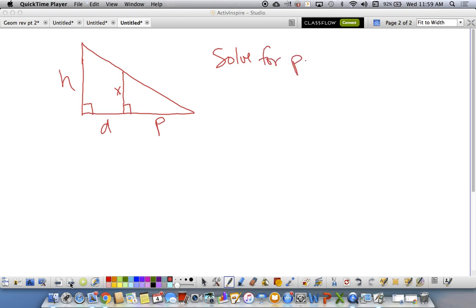So is it a similar triangle? It is, in terms of everything else. P equals P. So I did it with numbers first.